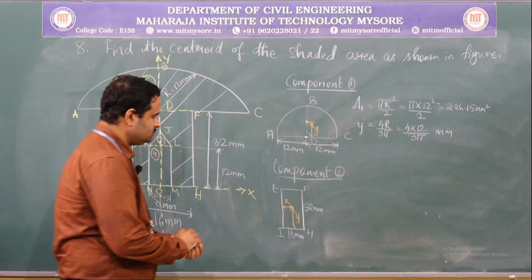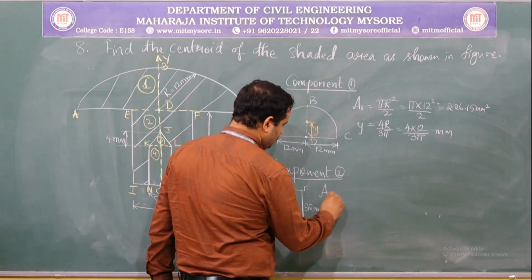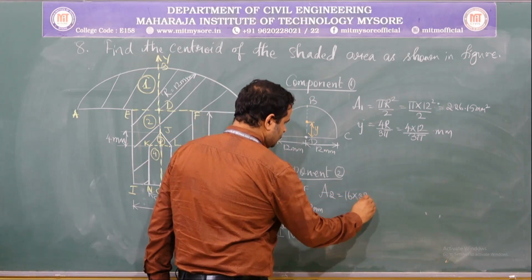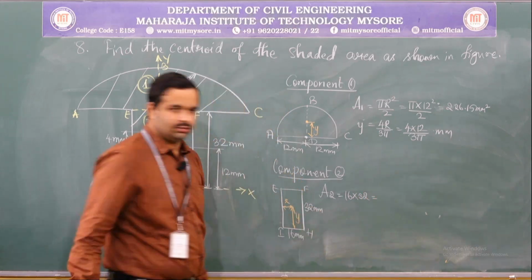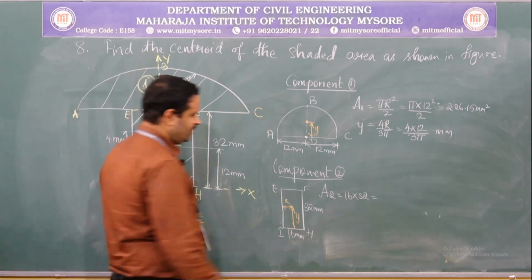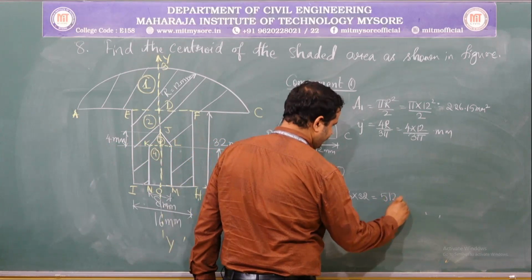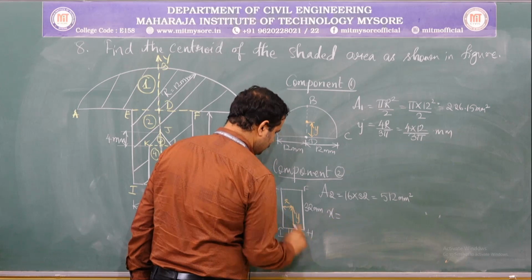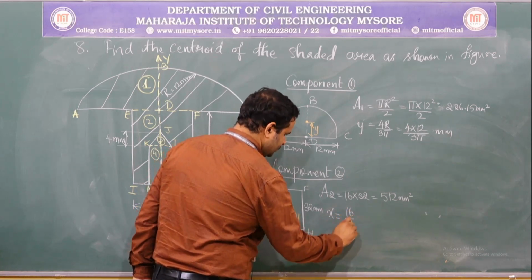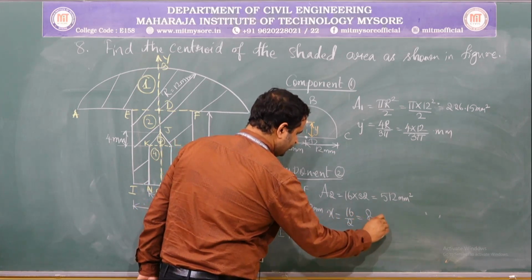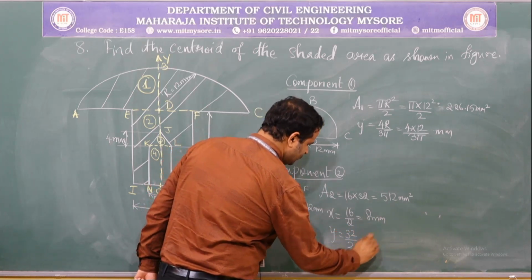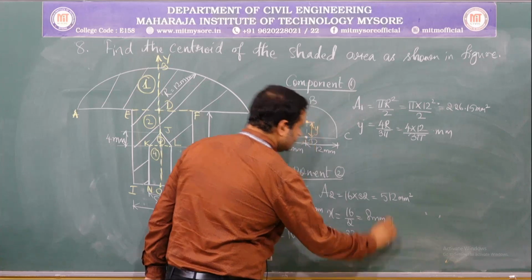So, A2 will be equal to 16 into 32, which is equal to 512 mm square, and x is equal to 16 by 2, which is 8 mm, y is equal to 32 by 2, which is equal to 16 mm.